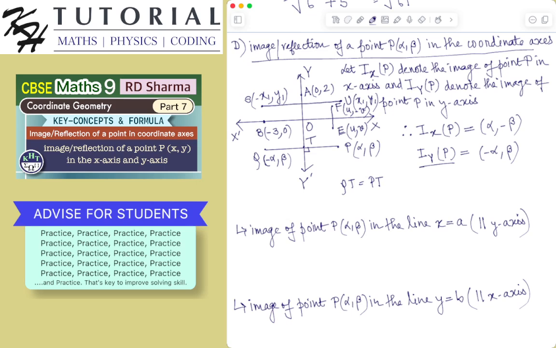If you want to take the image of any point which is lying on the y-axis, and the image is taken in the y-axis, then the image will be that point itself. So the point A is itself the image of the point A in the y-axis. Similarly, if you want to take the image of any point lying on the x-axis, in the x-axis, then the point itself will be its image.